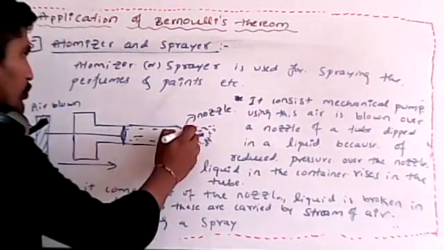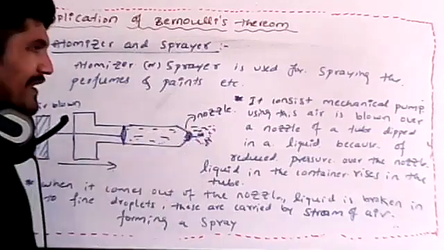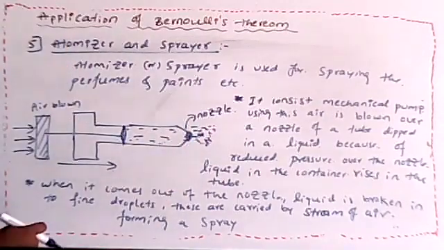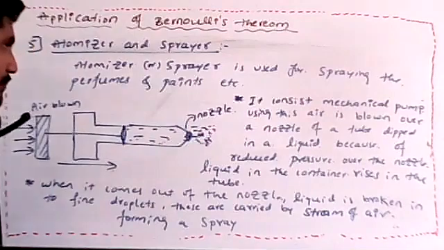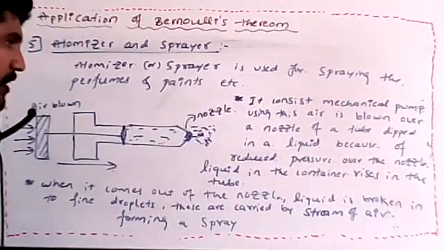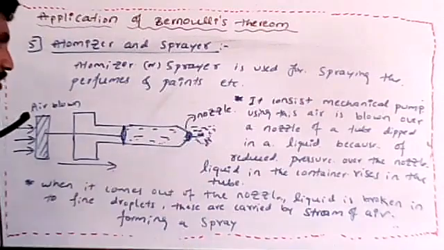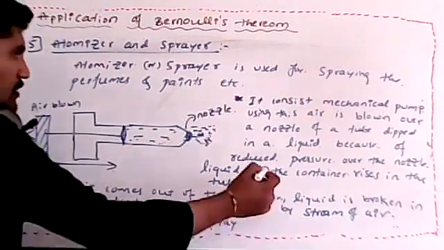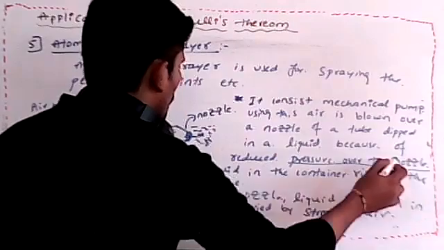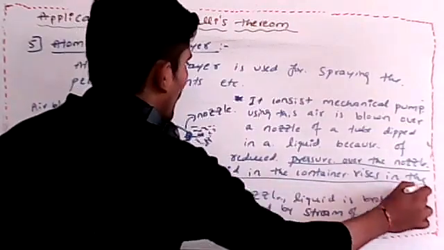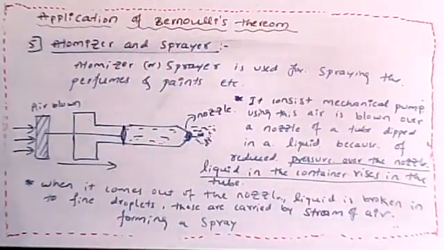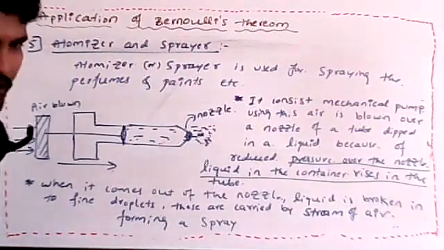Then, due to the small area, the droplets of the liquid will come out in the form of spray. So here the pressure over the nozzle of the liquid in the container rises in the tube. You have to highlight this point. This is what happens in the atomizer, remember, okay, students?